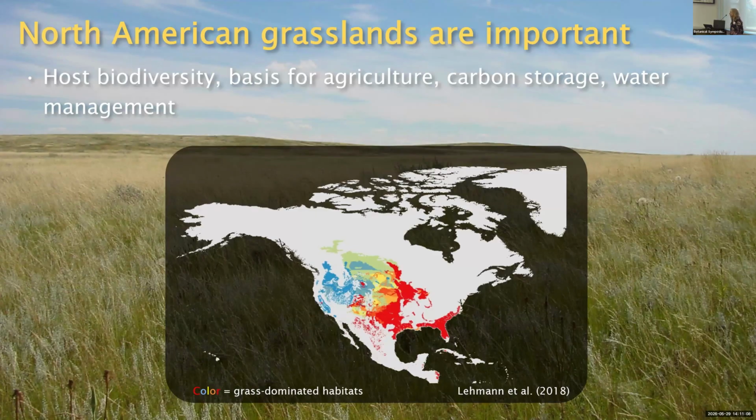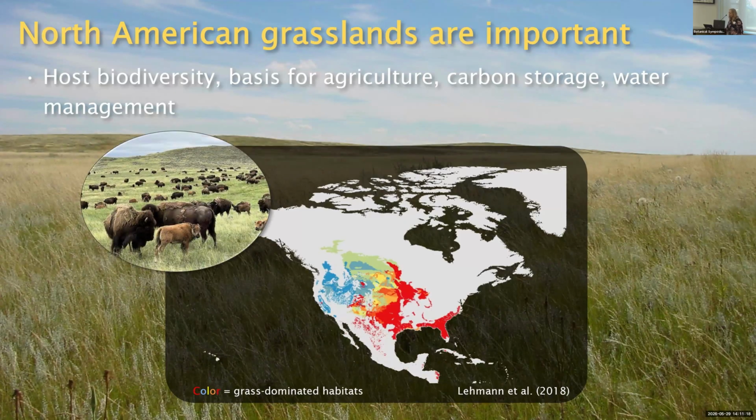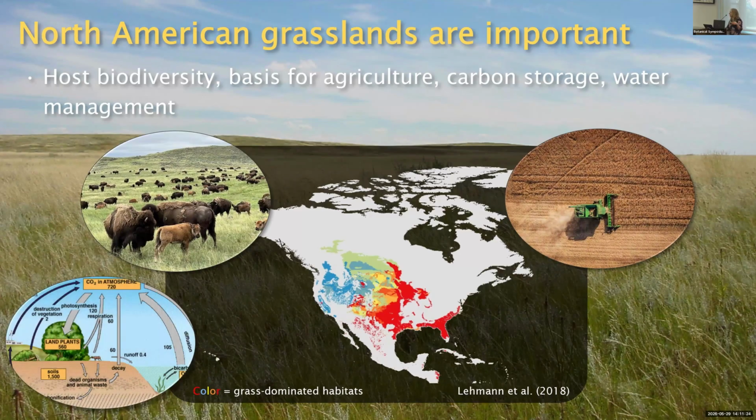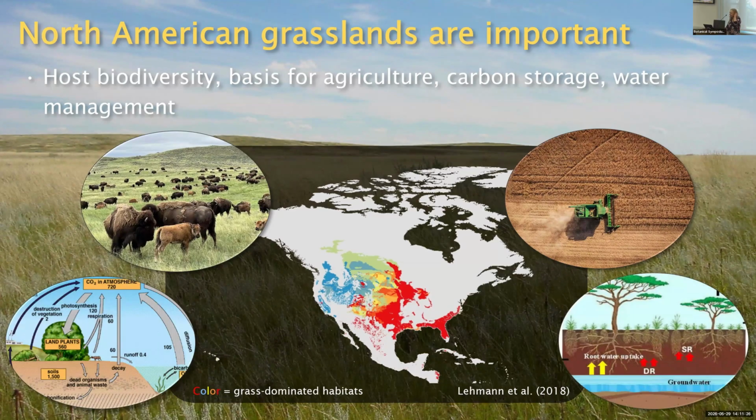Grasslands make up about 15% of the continent as a whole, and of the US, 40% of the land surface. They host important biodiversity. They are the basis for our agriculture, and they also are important for carbon storage, in particular underground. And they are important for filtering water and also for stabilizing soils.